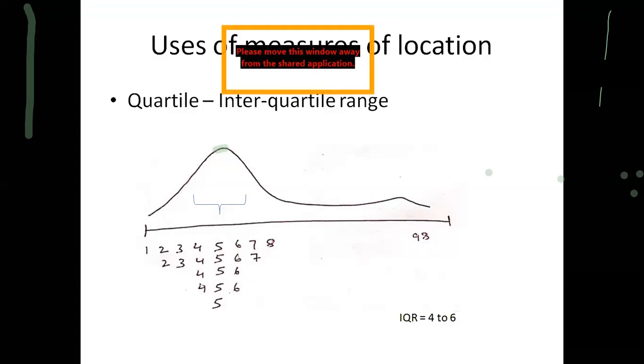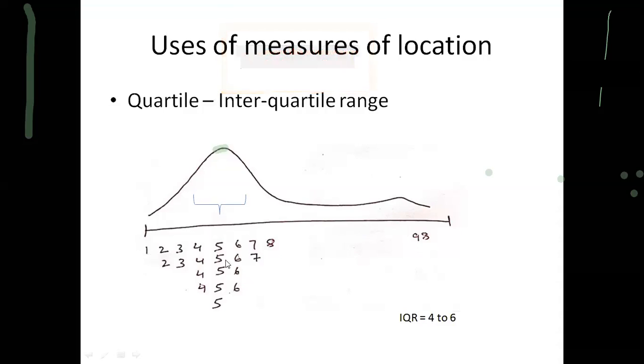I don't think that is appropriate, because most of the observations are between 1 and 8. In such a situation, when data is not normally distributed, we can trim out the extreme values from both sides and use the range that is left.